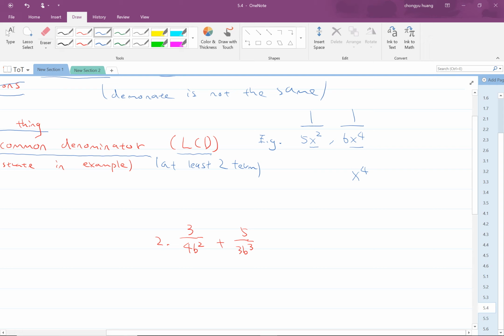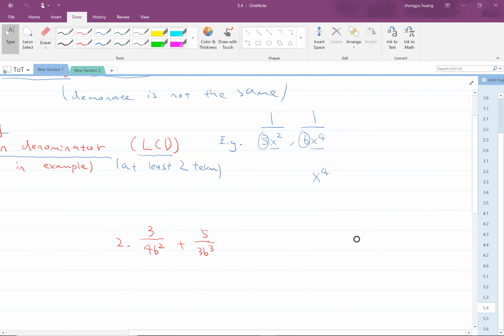Now we focus on the numbers. What we have here is 5 and 6. The easiest way to find the least common denominator is simply to multiply them, which is 30 in this case.